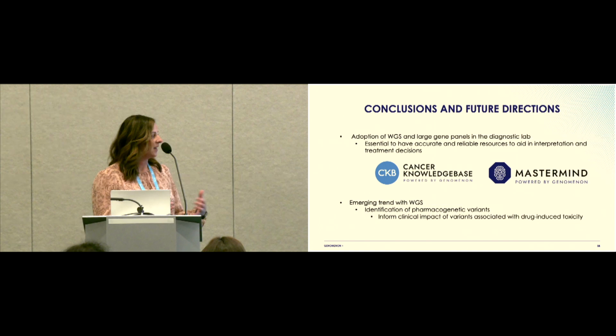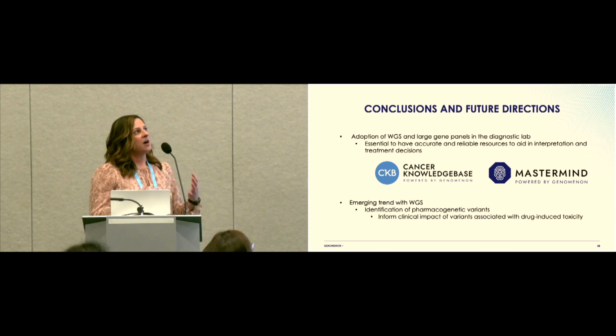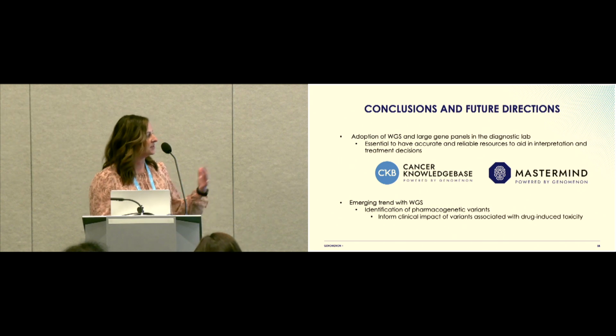And this, again, could inform clinical impact of variants associated with drug-induced toxicity. So again, uncovering these valuable insights for patients. How can we make sure that they're getting the most appropriate care? Obviously, we want to avoid any adverse side effects, and so this is where pharmacogenetics comes in.